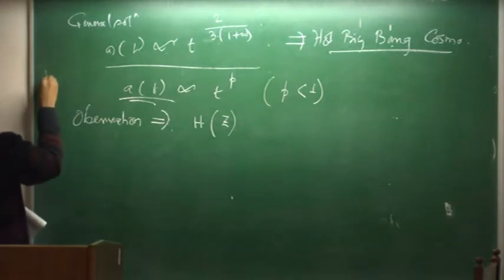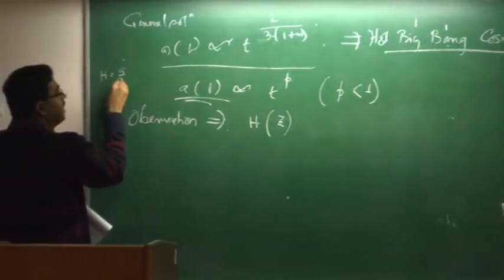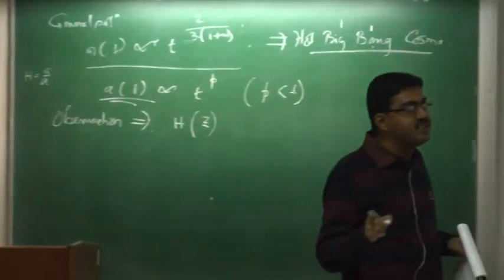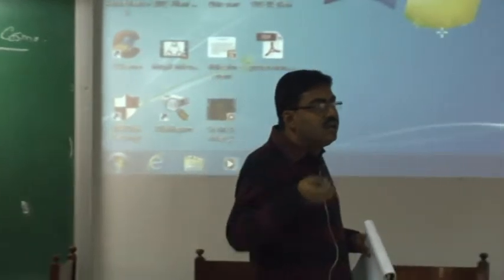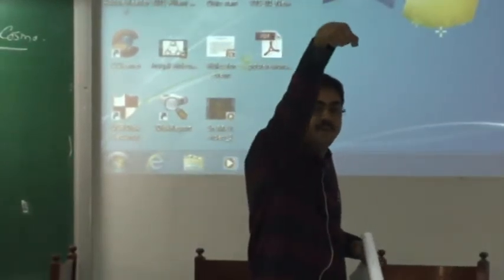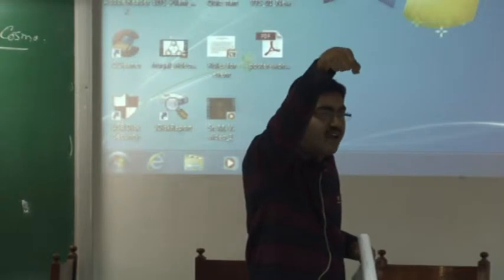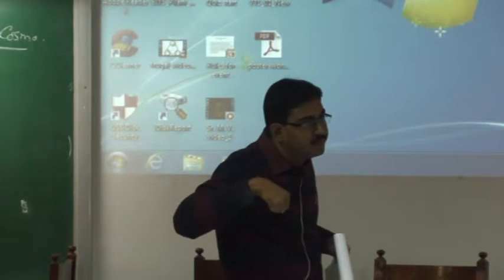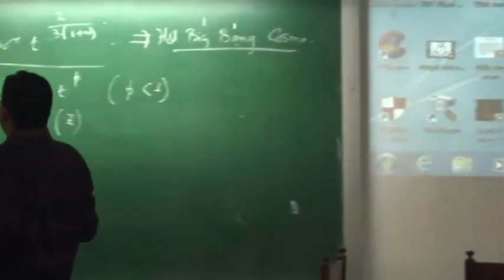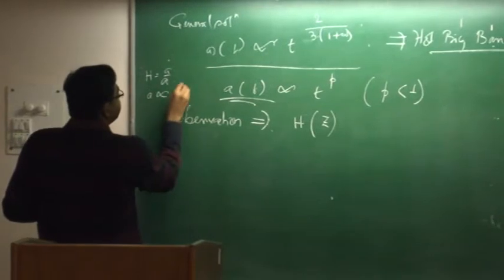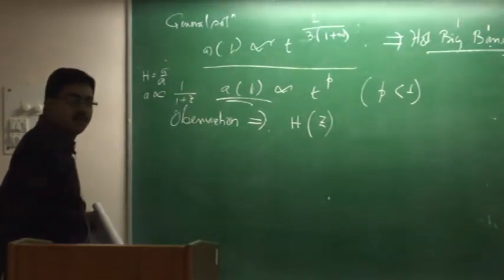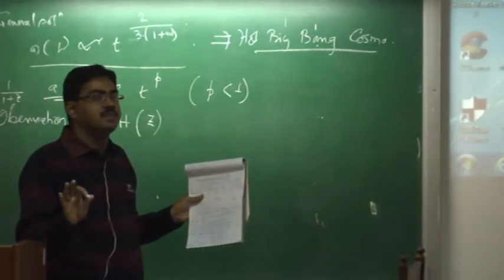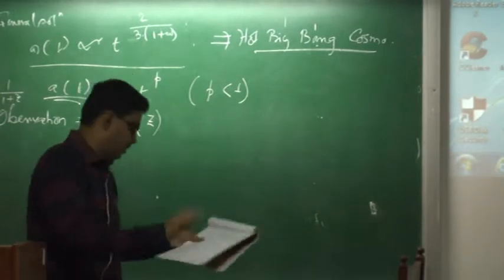As I said, your H is a dot by a, I've already defined, and z is the redshift parameter, that is the frequency shift due to the evolution of the universe from the origin of a source of light, from the origin of a photon, till it has reached the observer, till it has reached us. So this is the redshift, and this redshift can be readily written as a varies as basically 1 by 1 plus z. Okay, you know these definitions, right? Okay, so please speak up. You know these definitions. Okay, fine, that's it.